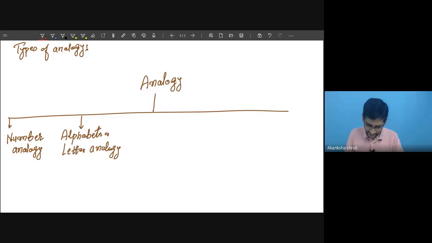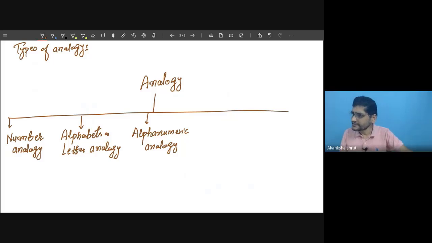The next one is alphabet and number, both merged together, called alphanumeric. The next one will be simple English, which is an addition to the series. So it is GK or English based: say antonyms are given, then in the other pair only one word will be given and you have to write its antonym or synonym.